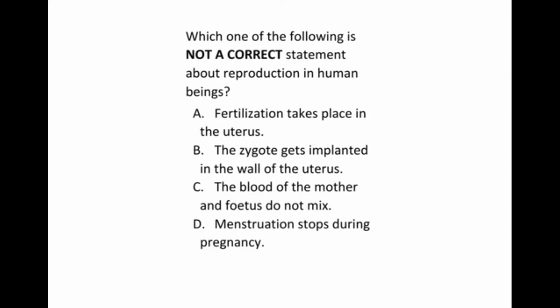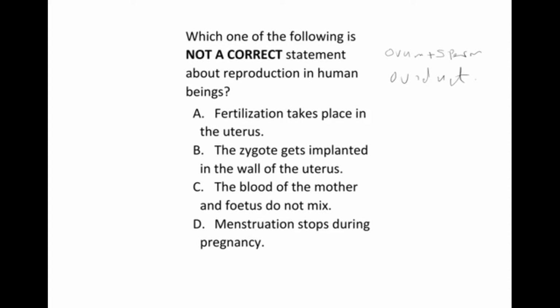Fertilization is the union between the male sex cell and the female sex cell. The female sex cell is called ovum. When it unites with the male sex cell, which is called sperm, then we say fertilization has taken place. That fertilization takes place in the oviduct, or the fallopian tube.